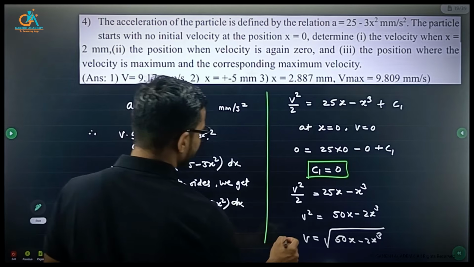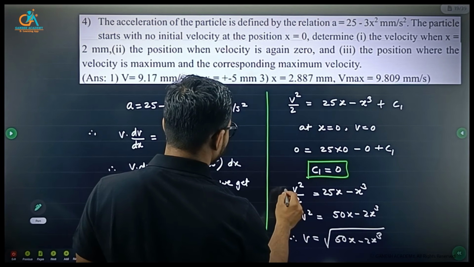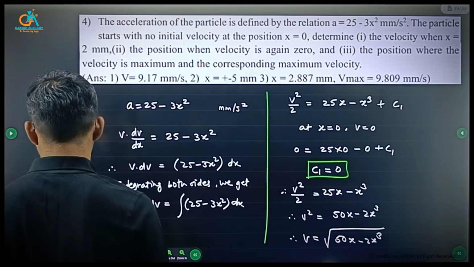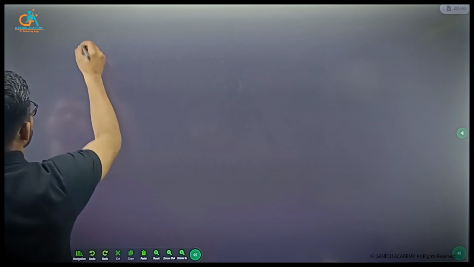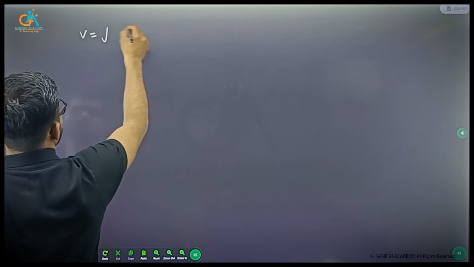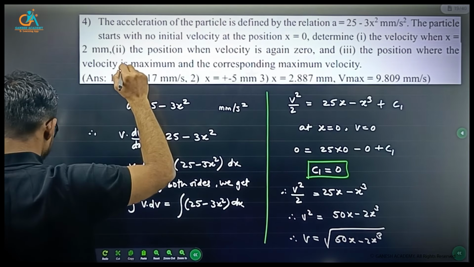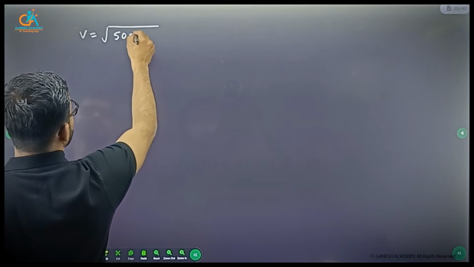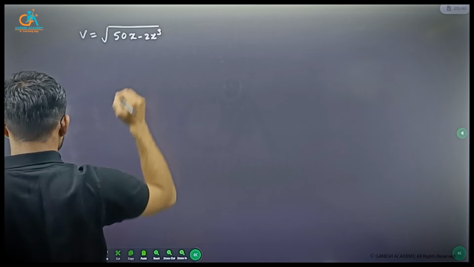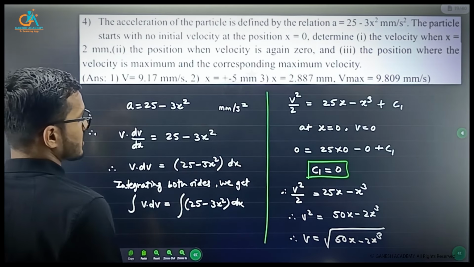So we now have the velocity function: v is equal to under root of 50x minus 2x cube.